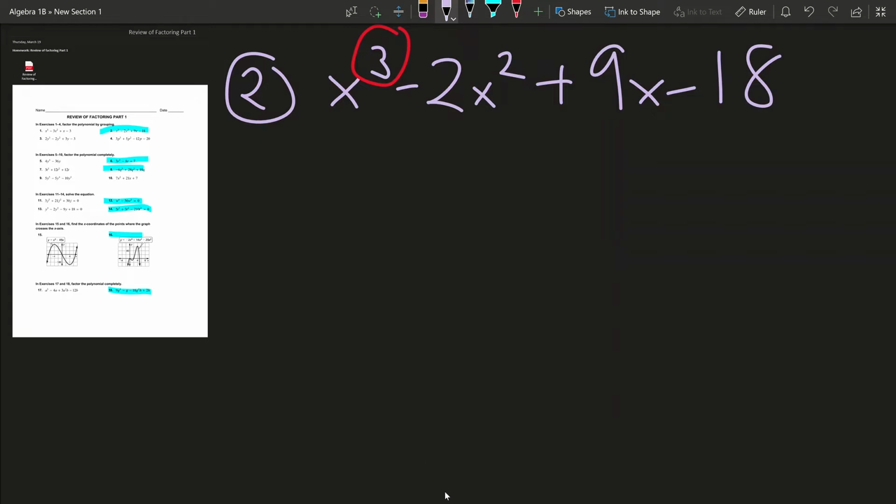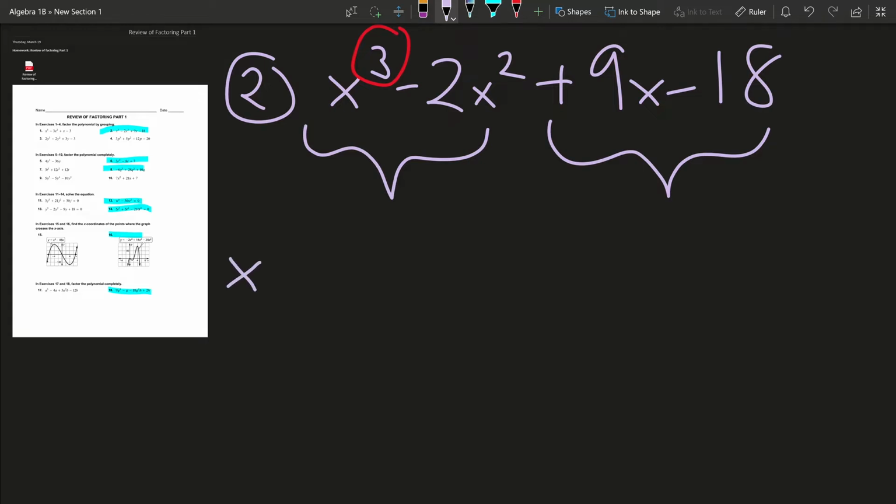So what we'll do is figure out what the greatest common factor is of each binomial here. For each of these sections, we want to figure out the greatest common factor. So we have x to the third and negative 2x squared. In other words, what is the biggest monomial that we can take out of it?